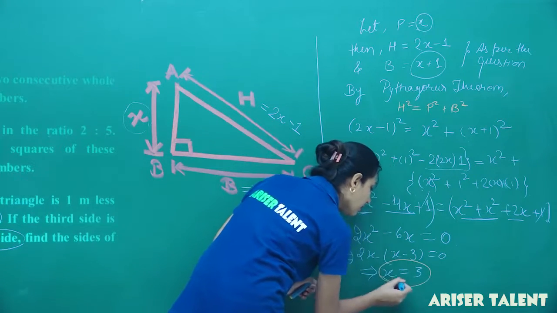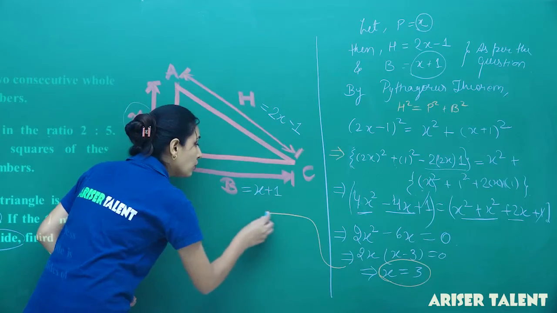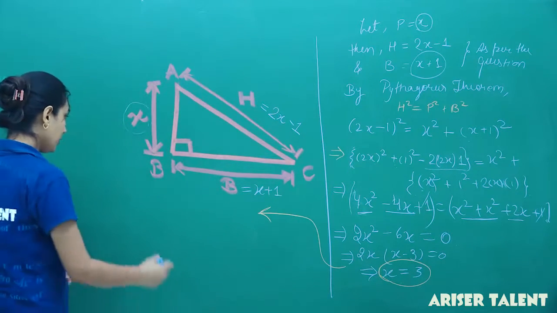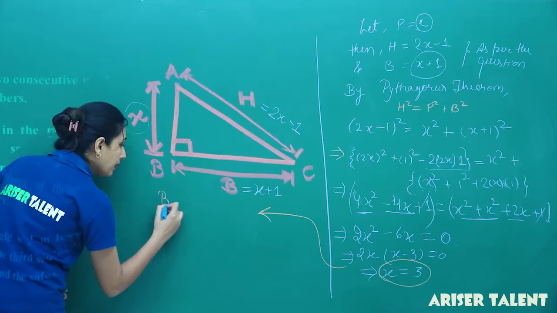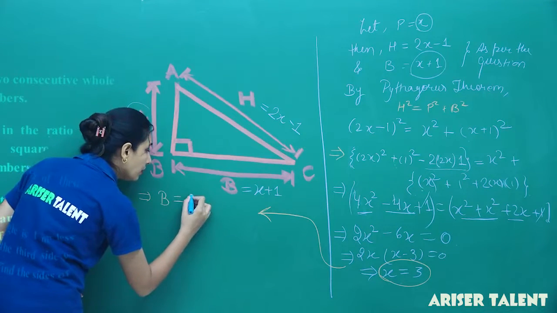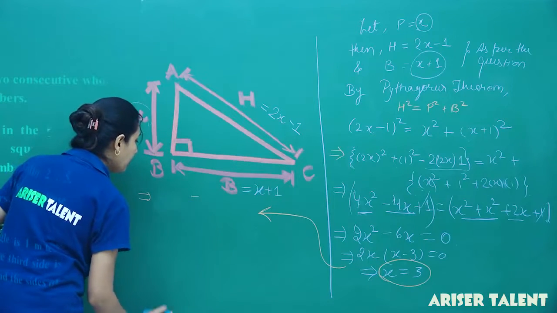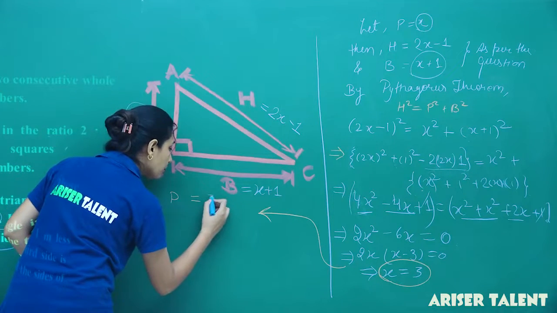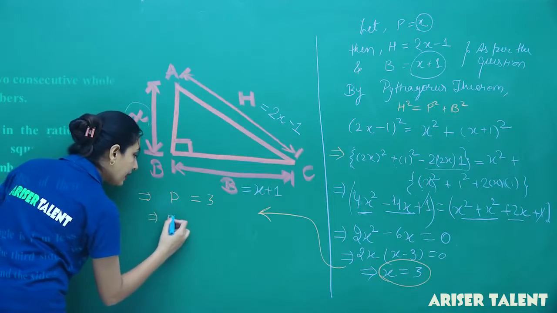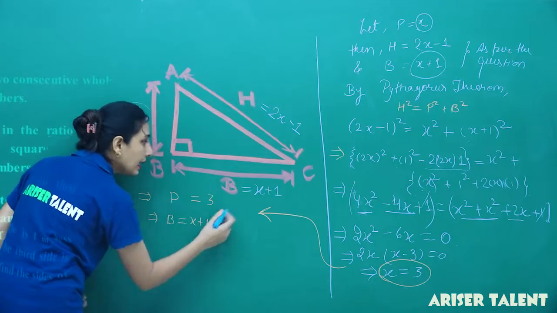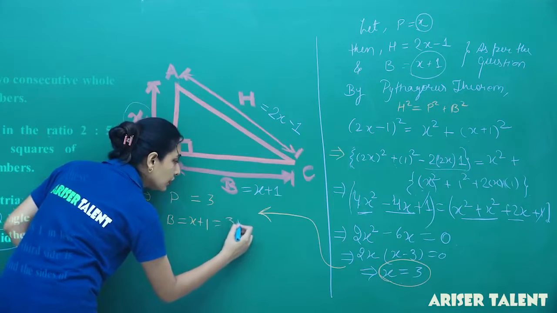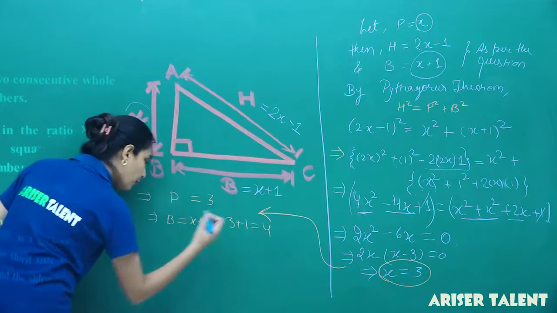Now if x equals 3, then perpendicular equals 3, which implies that base equals x plus 1, that is 3 plus 1 equals 4.